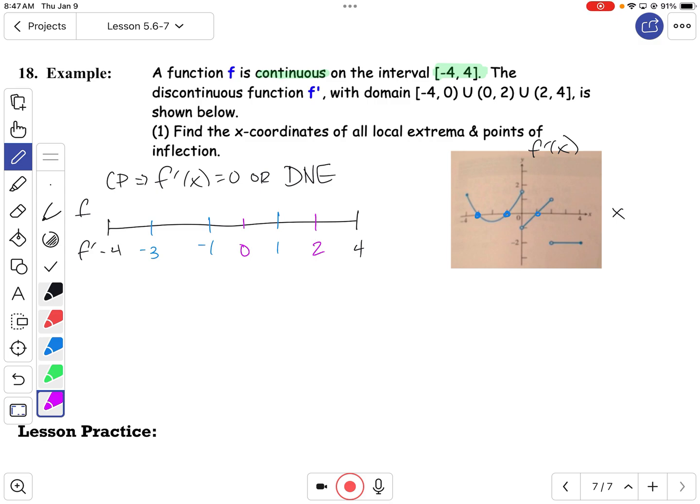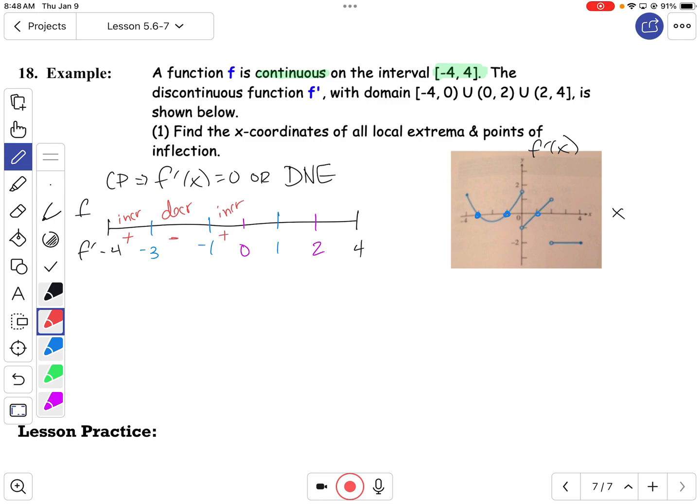Okay. Now let's go in and look. We want to know now, is the derivative positive or negative? So if I go from -4 to -3, is this derivative positive or negative? Positive. It's above the axis, so we're going to increase, right? What about from -3 to -1? Negative, so we would decrease. From -1 to 0, positive, so we would increase.